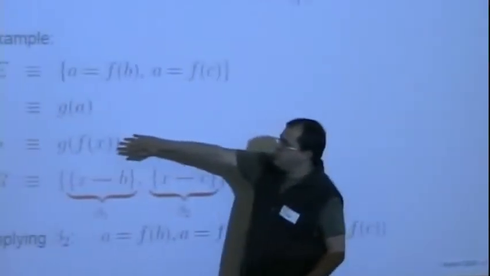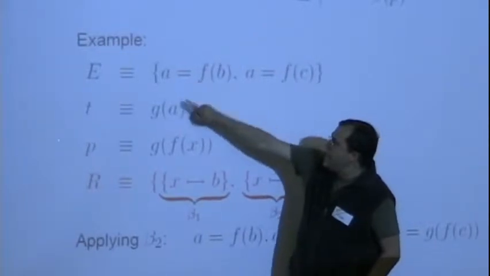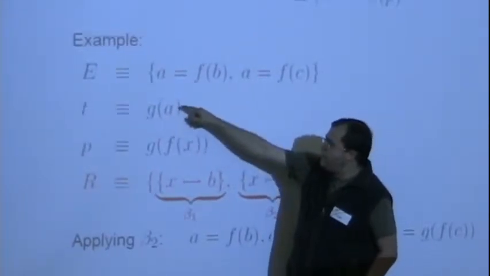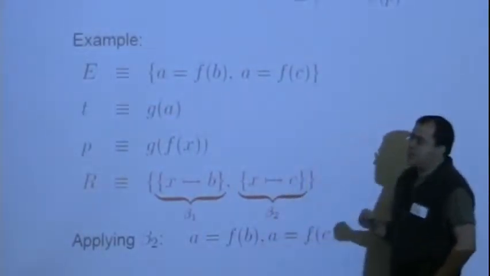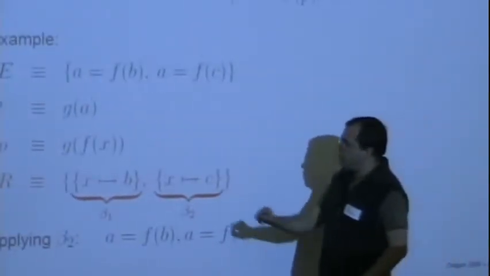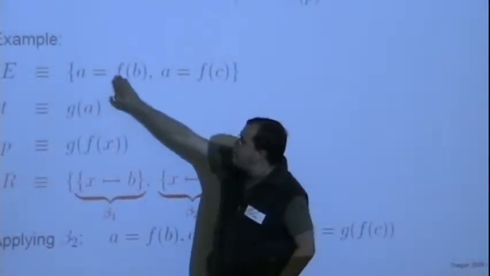Another common mistake that people make is to assume, oh, I don't need matching, I can use standard matching, I can do just substitution, right? I substitute a with f of b, right? Now I use standard matching. But if you do that, you're going to get one solution only, right? Suppose I substitute a with f of b.